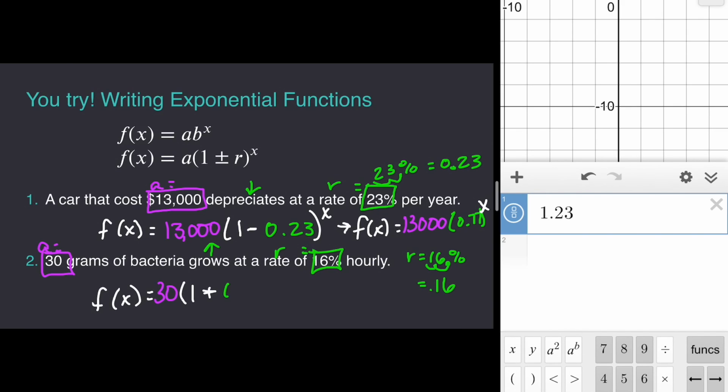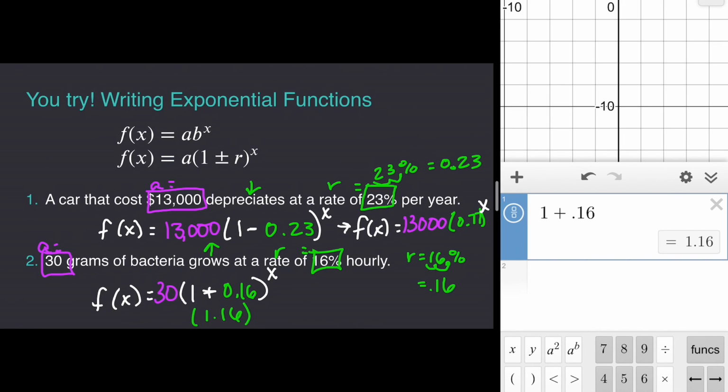So we're going to add 0.16 to the x power, which is 1.16. So our equation is 30 times 1.16 to the x power.